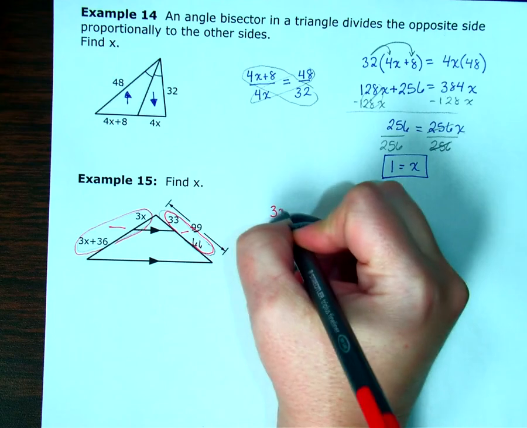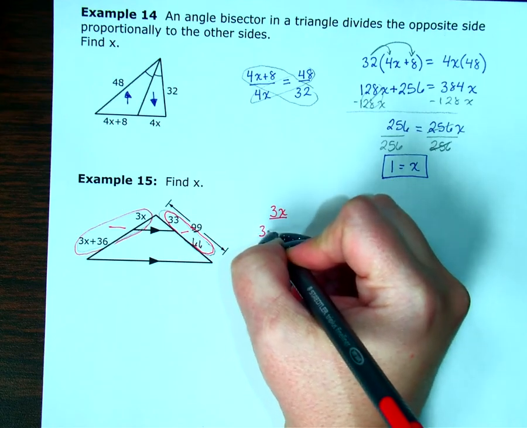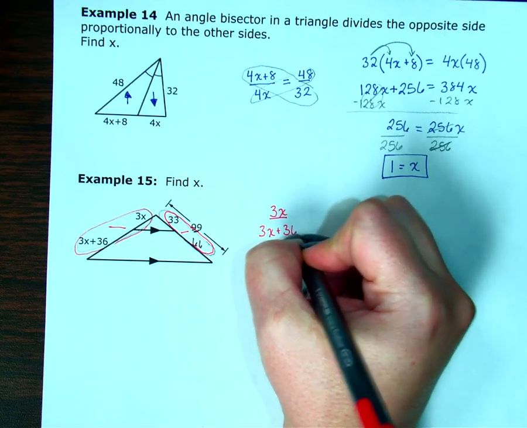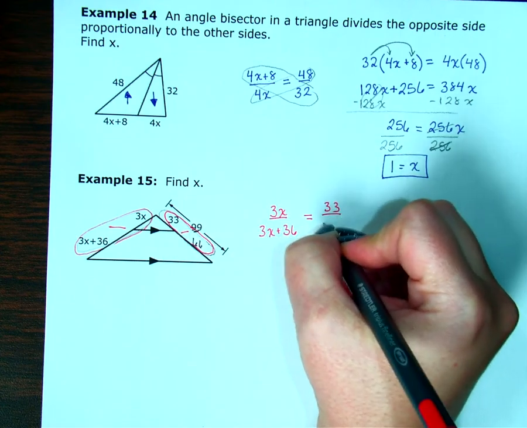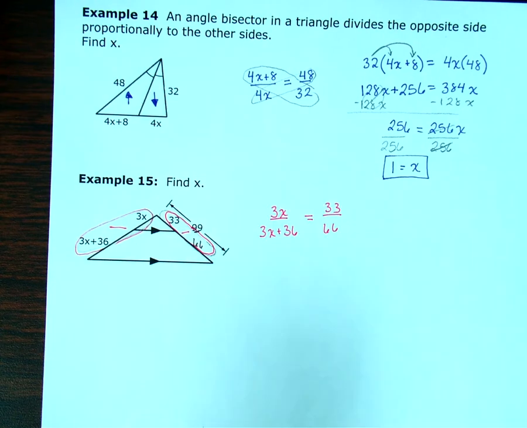So I'm going to have 3x over 3x plus 36 equals 33 over 66. And I'm ready to cross multiply.